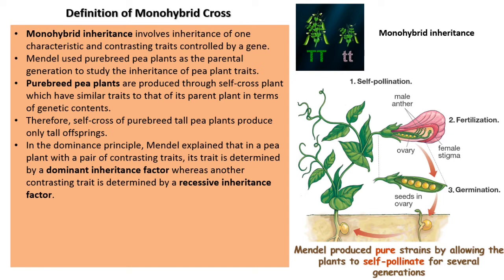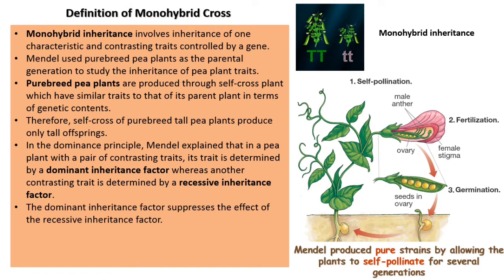Jadi dalam prinsip dominan yang Mendel hasilkan ini, sepasang traits macam ni, kita wakilkan dengan huruf T besar, T besar, T kecil, T kecil. Maksudnya ada satu faktor yang dominan, ada satu faktor yang recessive. The dominant inherited factor suppresses the effect of the recessive inheritance factor.